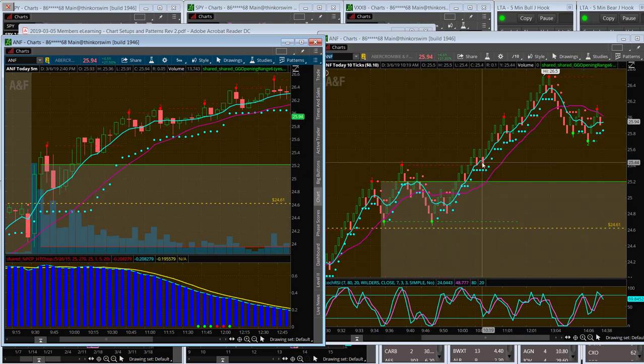Which one do you think would be easier to stay with? The one that's kind of going back and forth and back and forth? Because remember, at one point, each of these two candles that ended up closing near 25.50 were actually full red down at 25.30. Were they full red down at 25.30 over here? No, they weren't.